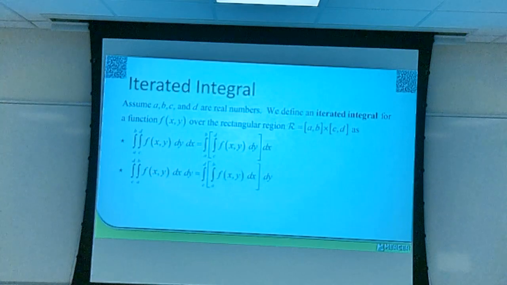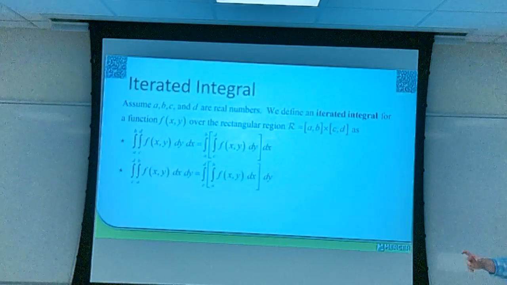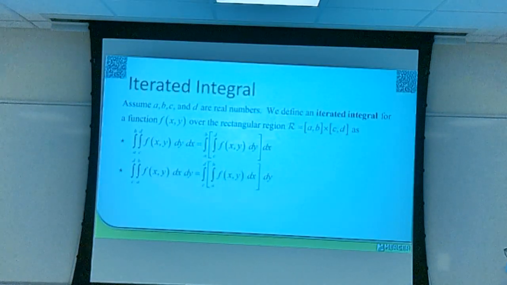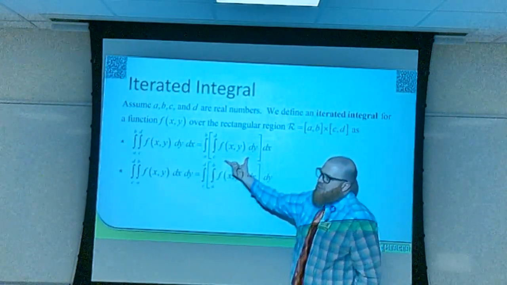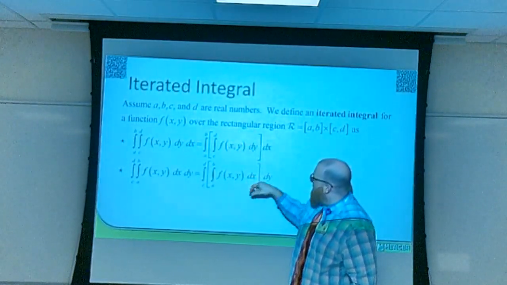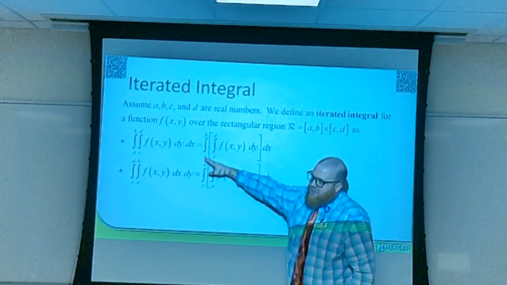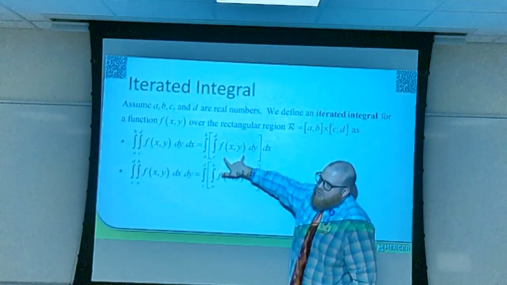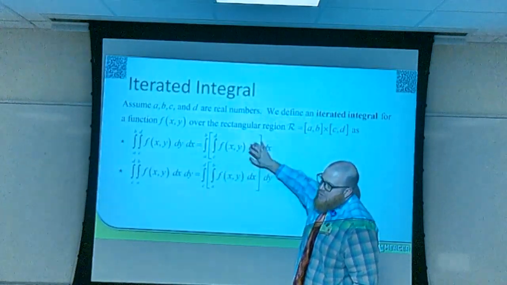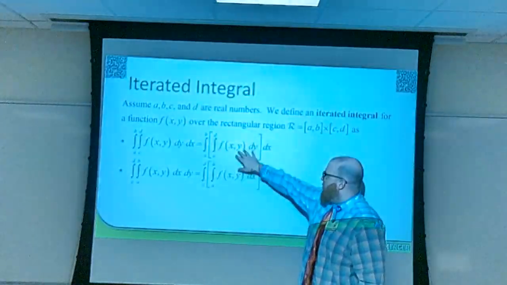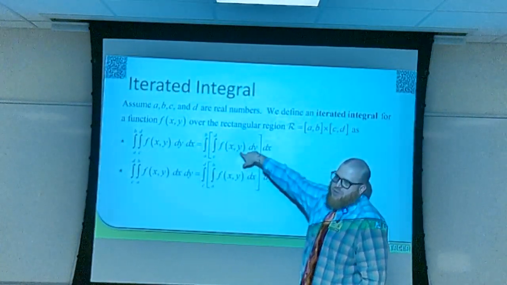This is the definition of an iterated integral. And notice what we do. So in this case, dy dx, you integrate first with respect to y. That's going to give you something, and then you integrate it with respect to x. This is a single integral. It's a single integral in x, and then a single integral in y, depending on what the function looks like.